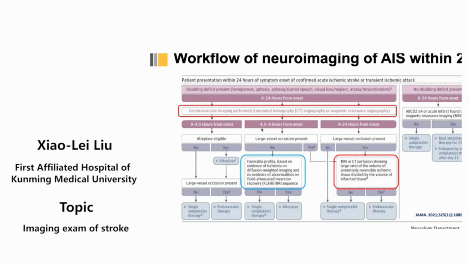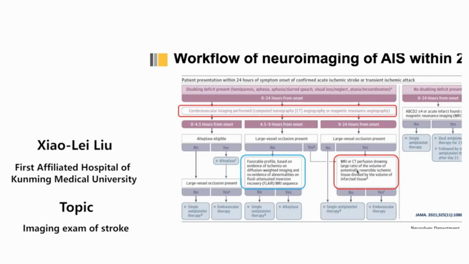And when the time is in the 4.5 to 9 hours from onset, if there is a large vessel occlusion after the CTA or MRA, we should do the MRI or CT perfusion to see if the patient has reversible ischemic tissue based on the DWI.